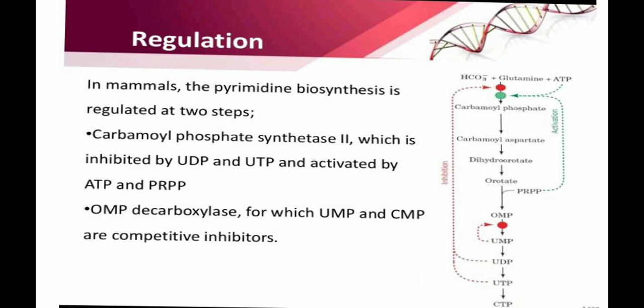When there is competition between substrate and inhibitor, it means who will bind first, or who will get close to the enzyme first; that is a competitive inhibitor. Simply put, the competition is over who goes first and binds to it. So in this pathway, for OMP decarboxylase, UMP and CMP act as competitive inhibitors for that enzyme.